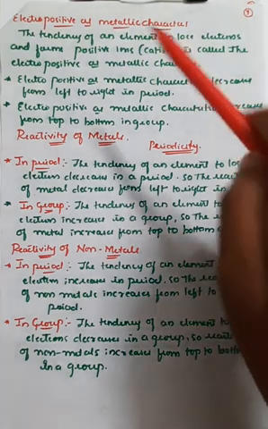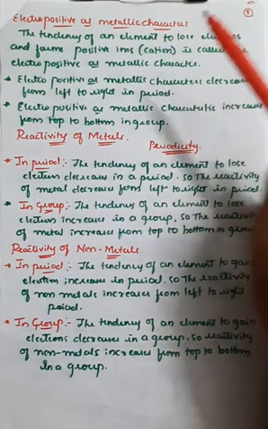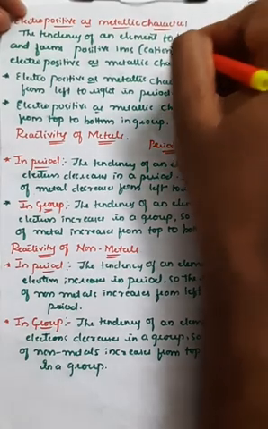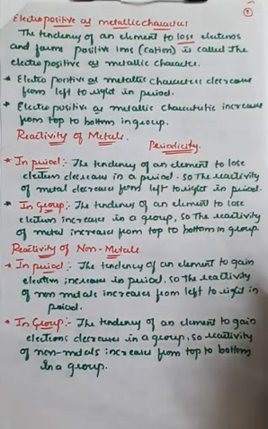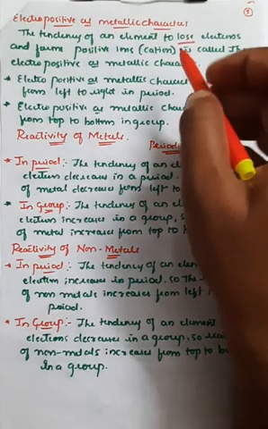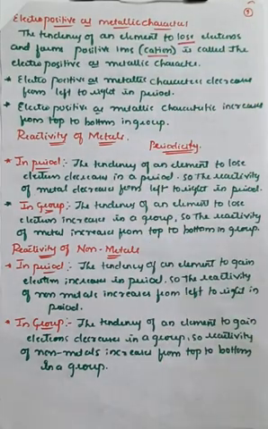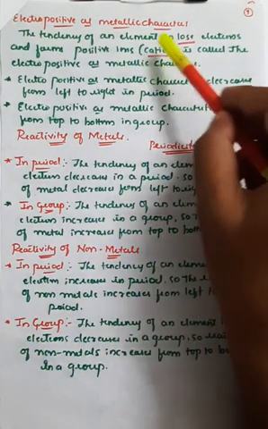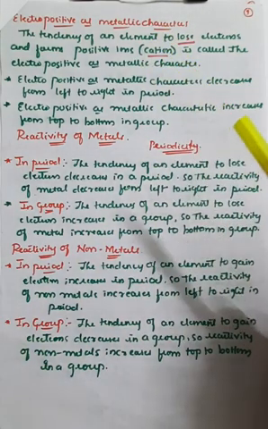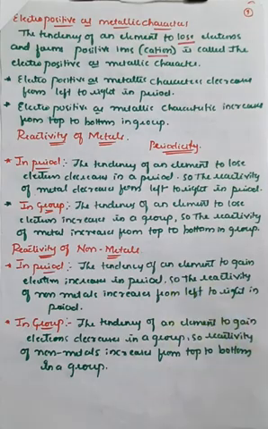So here, the tendency of an element to lose an electron and form a positive ion, the cation, is what I have explained. If you take a neutral atom A, you can convert it into a cation, which means A can be converted into A plus by the removal of one electron. The same thing I have explained here.